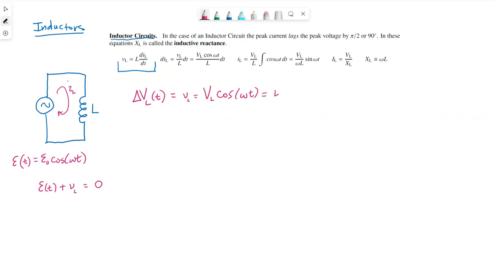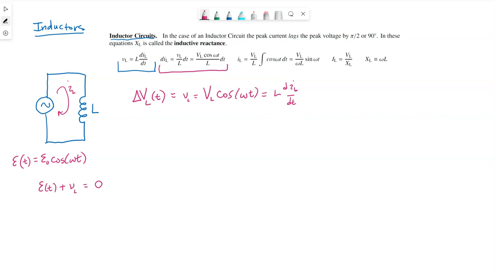But we know this is equal to L di dt. We're using a subscript L on the current as well, since this is the current in the circuit with just the inductor.